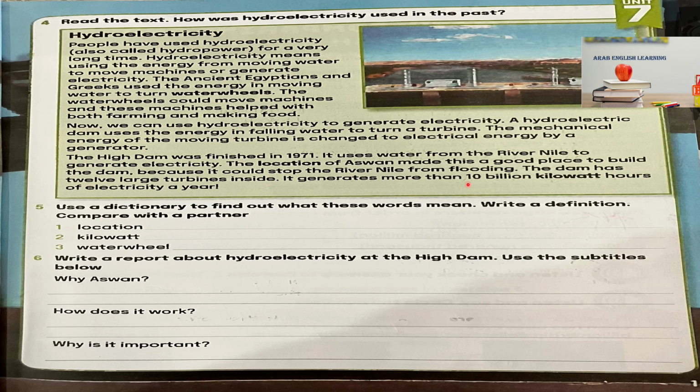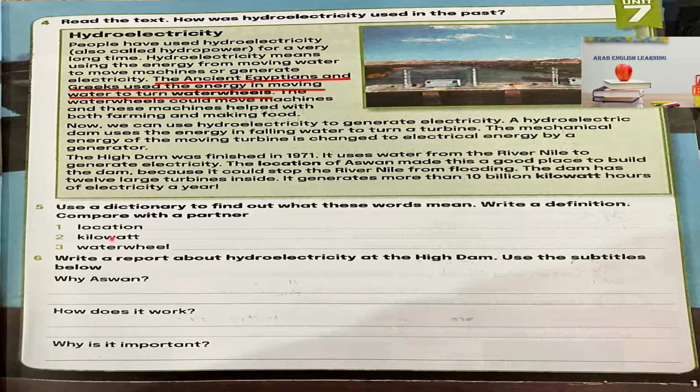It generates more than 10 billion kilowatt hours of electricity a year. So let's go back to the question. How was hydroelectricity used in the past? If you go back to the text, the ancient Egyptians and Greeks used the energy in moving water to turn water wheels.